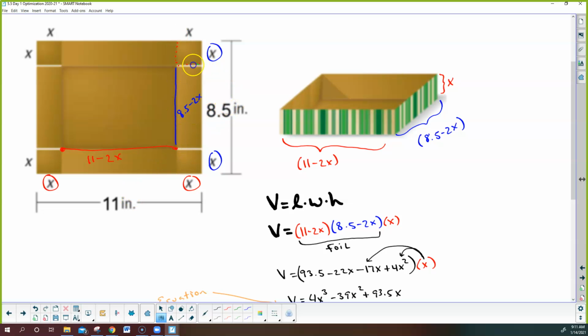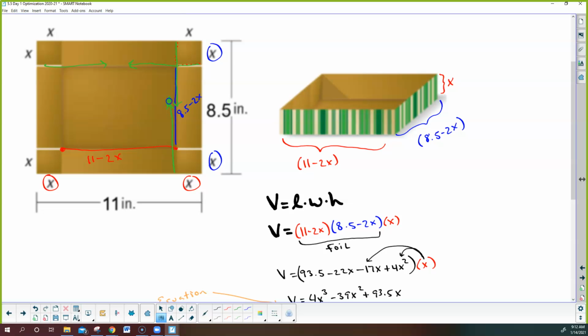But what if I cut 4.9 inches in this way and 4.9 inches in this way? I lose almost 10 inches, which is okay. But what if I cut 4.9 inches in this way, and then I cut 4.9 inches in this way?